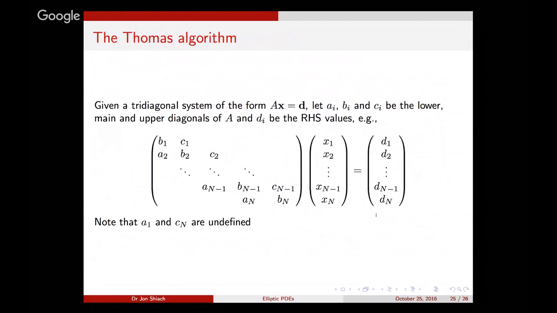Essentially, given this type of system, in the Thomas algorithm we label the lower diagonal nodes as A, the main diagonal nodes as B, and the upper diagonal nodes as C. The ones on the right-hand side are D. So bear that in mind: A is lower diagonal, B is main diagonal, C is upper diagonal.